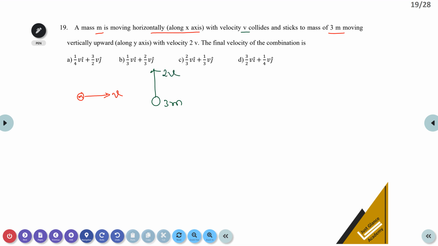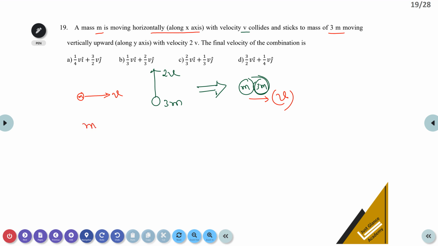When both collide, after the collision both bodies m and 3m will be stuck together. When they are stuck, they will travel with a common velocity v. Again, it is based on the law of conservation of momentum.